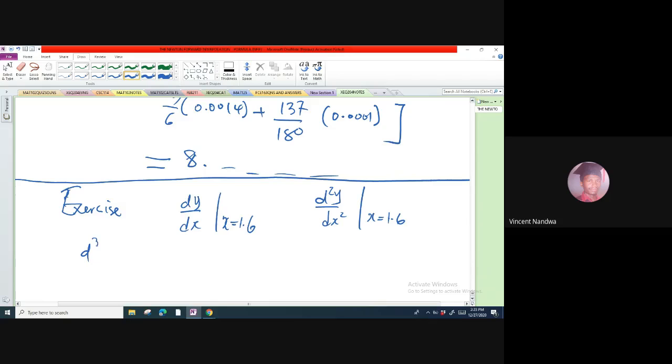Get d cubed y/dx cubed at x equals 1.2 and at x equals 2.2. Remember, for the first two, you need to use Stirling's or Bessel's. So get more examples on the same and then do practice. Thank you.